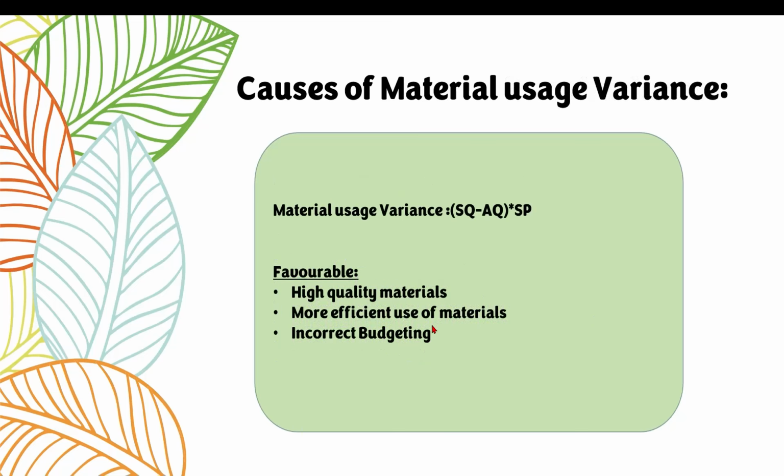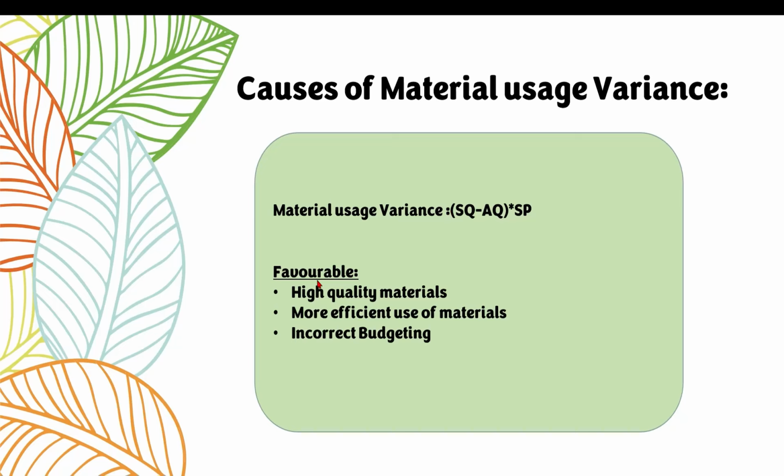Now, causes of material usage variance. The formula for the material usage variance is this one. If we are using high quality materials, in that case our wastage will be lower. And wastage being lower means actual quantity used will be lower as compared to the standard one, and this could lead to the better situation than what we expected, or what we set as the standard.